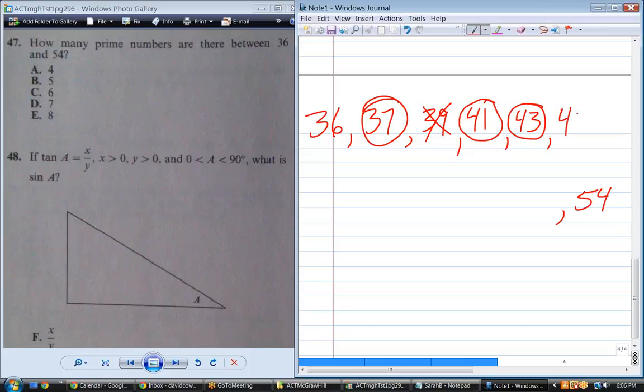So 47. Yes, I believe. 49. No. Yes, it is divisible, 7 squared. Yeah, okay. 51.